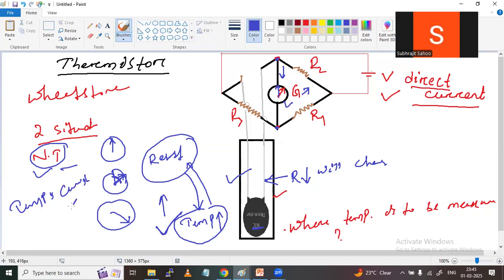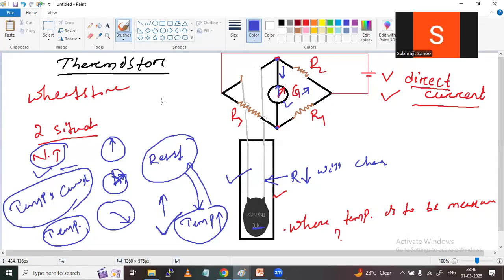If I convert this into a suitable calibrated scale, then I can measure the temperature at this particular point. I will give a simple example of how to calculate the temperature.